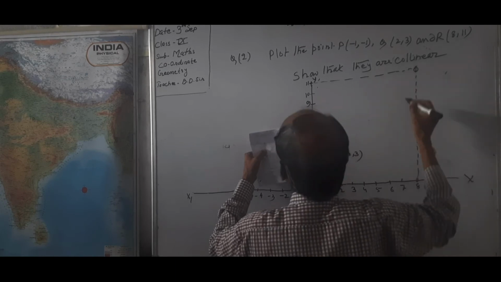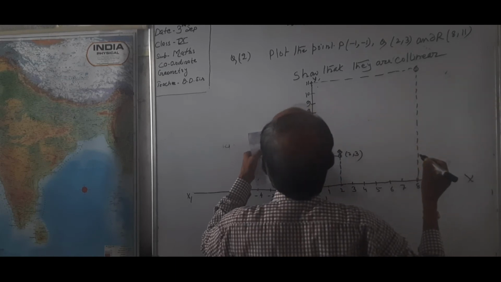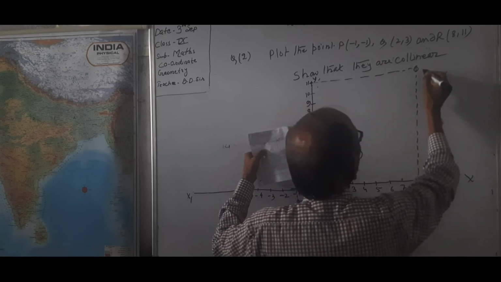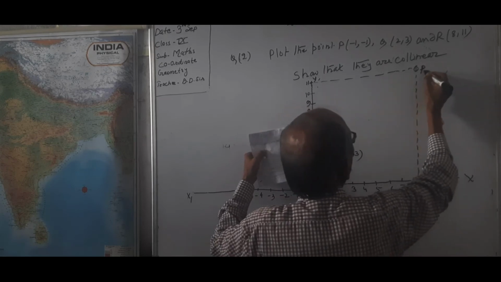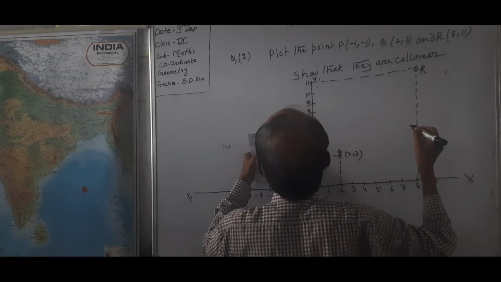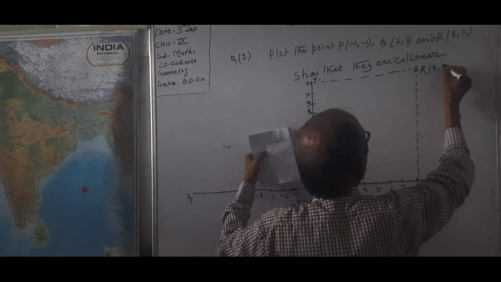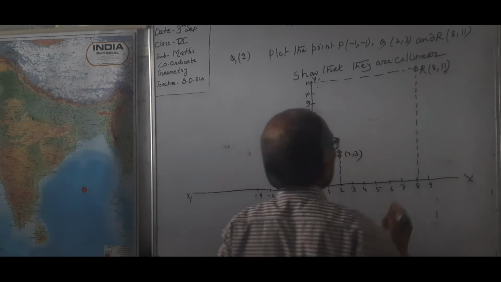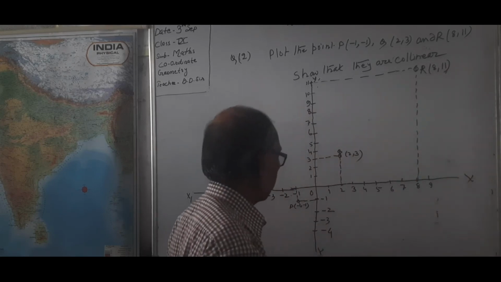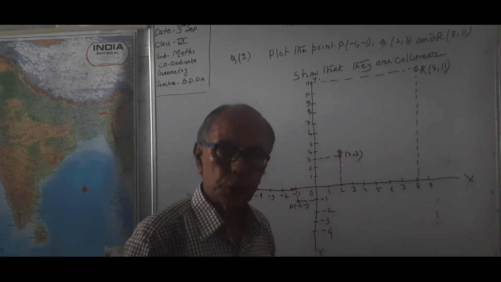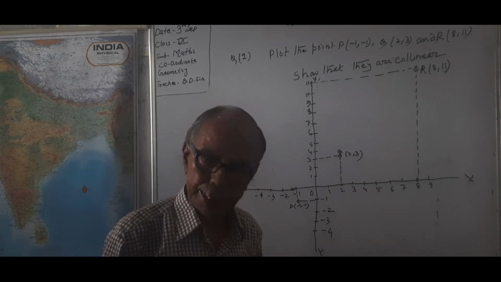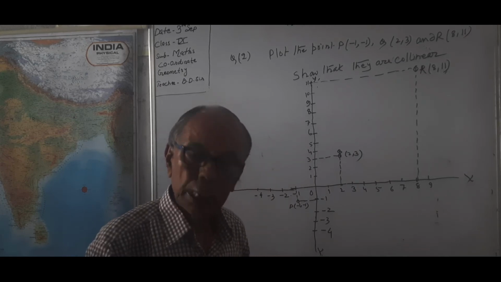Suppose this is R, the point 8, 11. So we have drawn the graph taking these points on a plain graph paper.